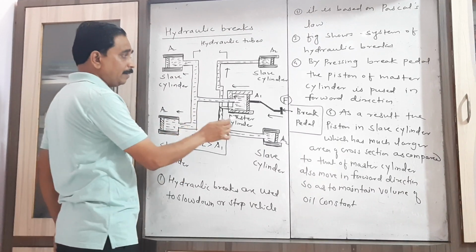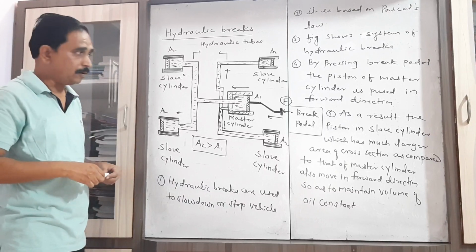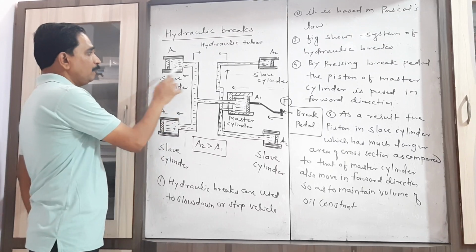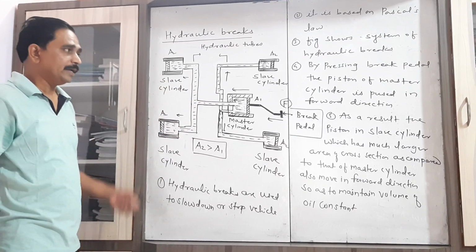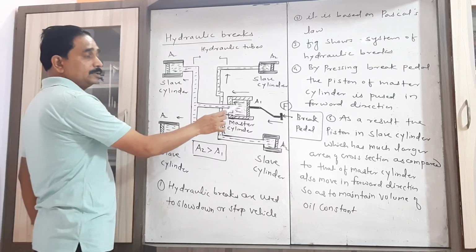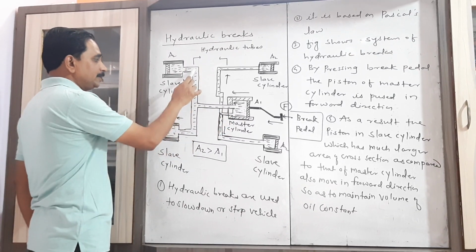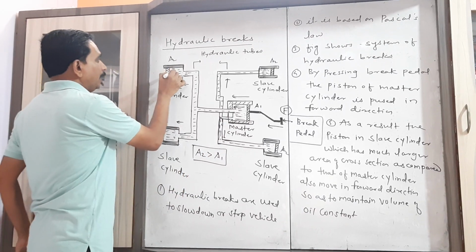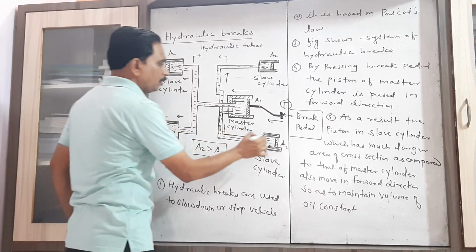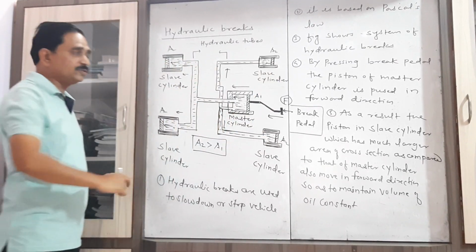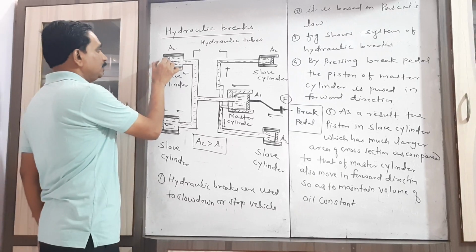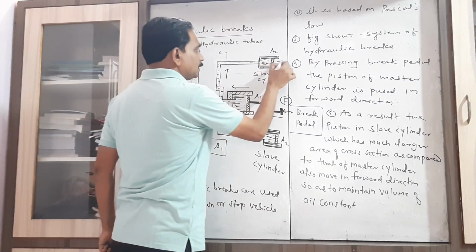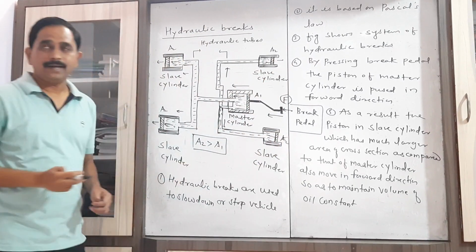The pressure applied at a single point of the master cylinder is equally transmitted to the four slave cylinders. Whatever pressure is applied here is transmitted through the oil, and that pressure acts on the piston of every slave cylinder. Each piston experiences some force, and that's why these pistons also move in the forward direction.